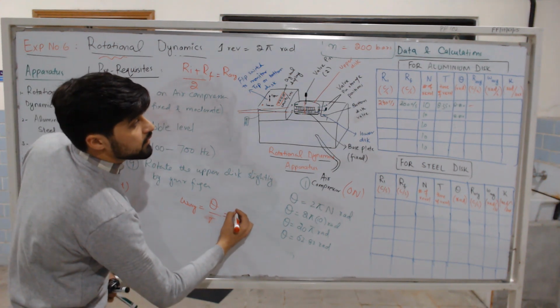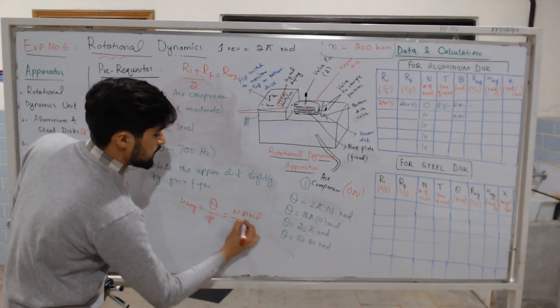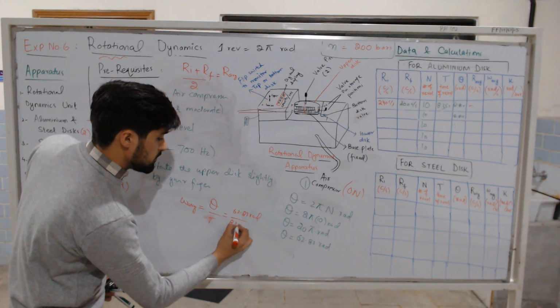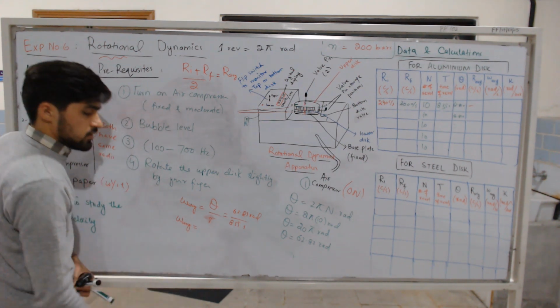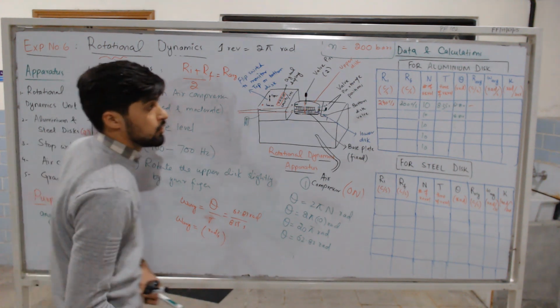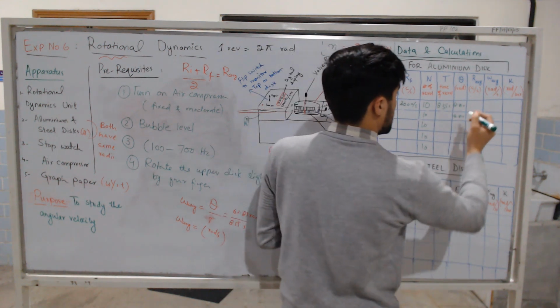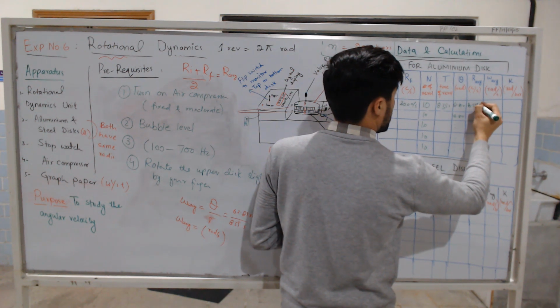So let's say our value is 62.83 radians divided by the time, which is 8.35 seconds. We will get the average value of the angular velocity in radian per second. You will note that value here in radian per second. Let's say it is 8.55 radian.